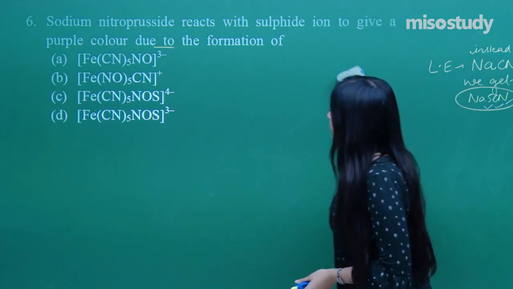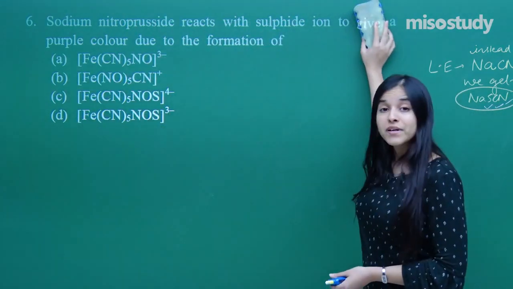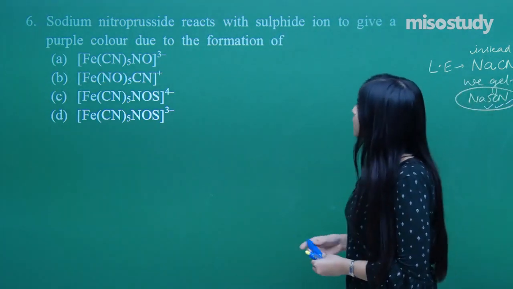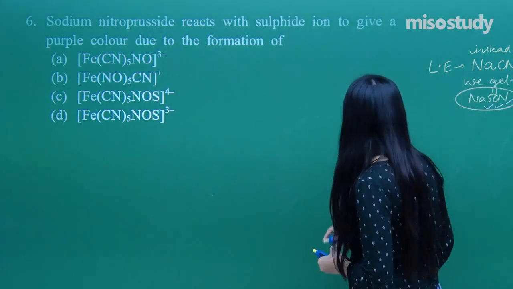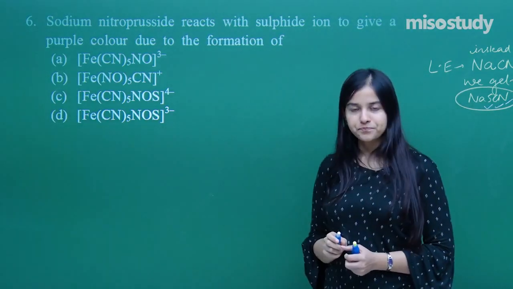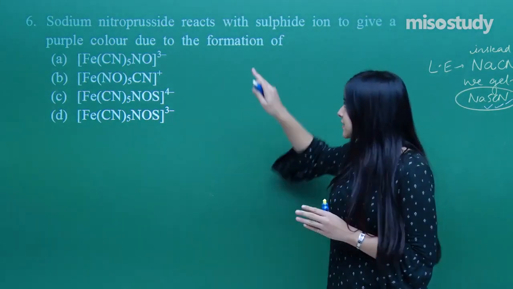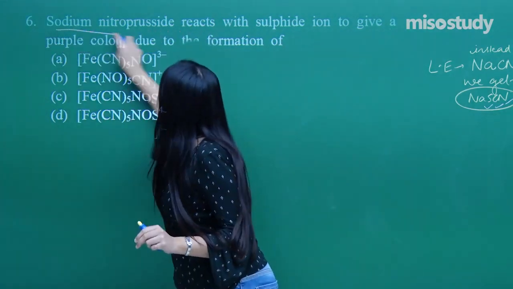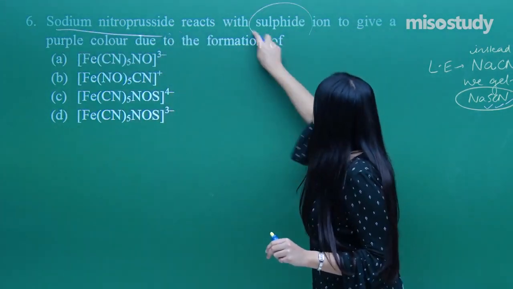Yes. The last one under the category of multiple choice. Sodium nitroprusside reacts with sulfide ion to give a purple color due to the formation of. Now, this is a very important test for sulfur, right?